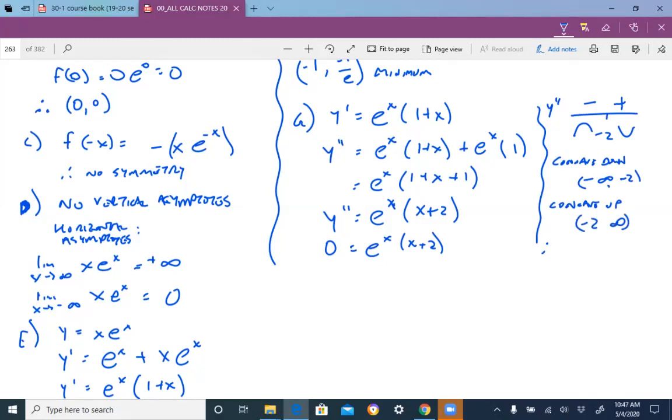And therefore, we have a point of inflection. X is negative 2.